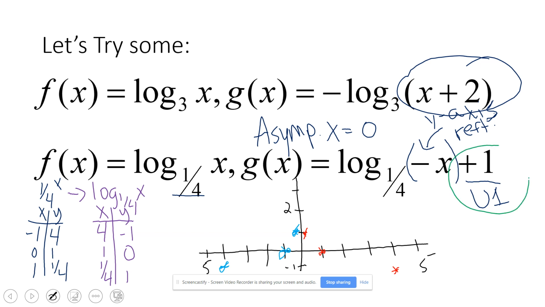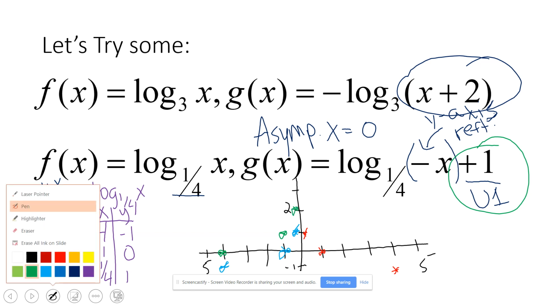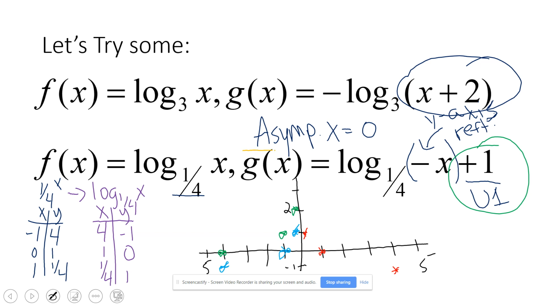From there, we're going to slide everything up 1. So up 1, up 1, up 1. And last but not least, remember our asymptote didn't change because we did not move left or right. So draw that asymptote in and then connect your graph. And there's our transformed graph.